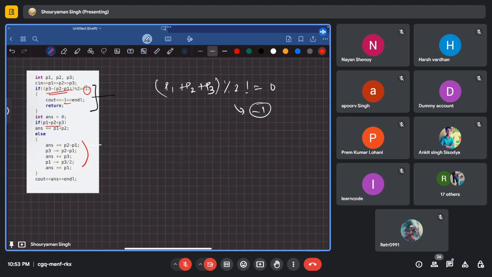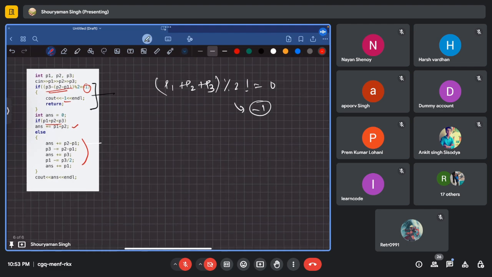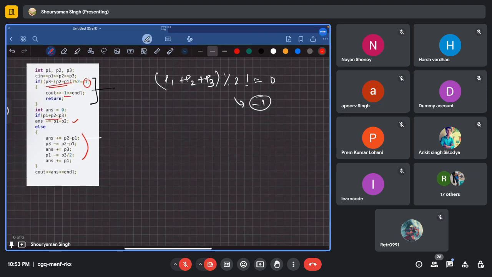If P1 plus P2 is less than P3, then your answer will be P1 plus P2. Else, that is if it's greater, you go ahead and do P2 minus P1, because this part I was telling you, you make them equal. So answer plus P2 minus P1.